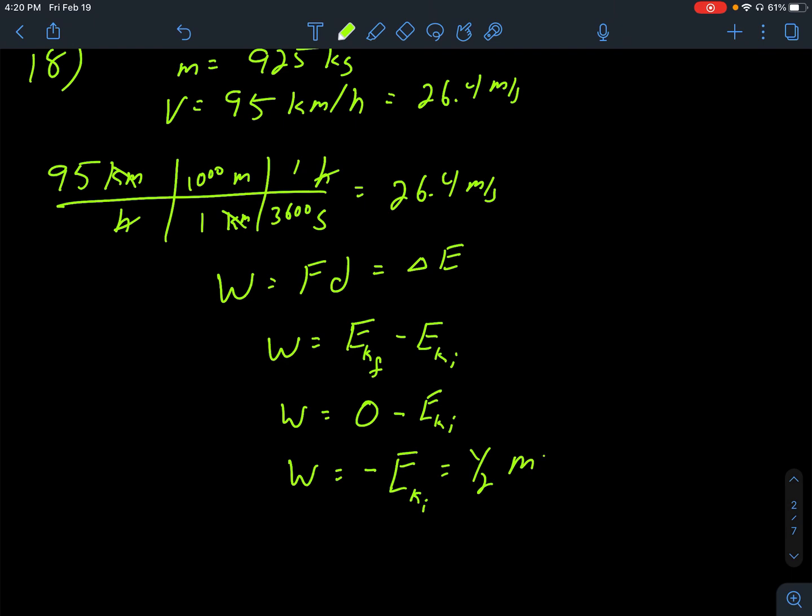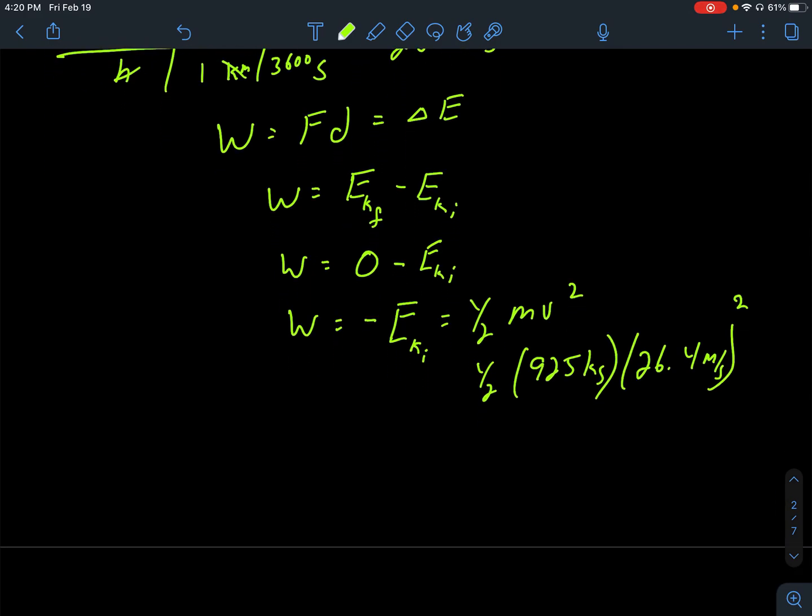So we're just calculating that, where we have the mass, 925 kilograms, our converted velocity that we have to square, and we get our work as negative 322,344 joules.